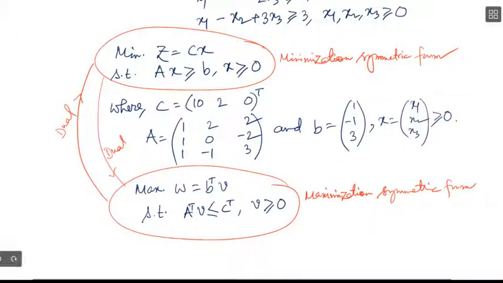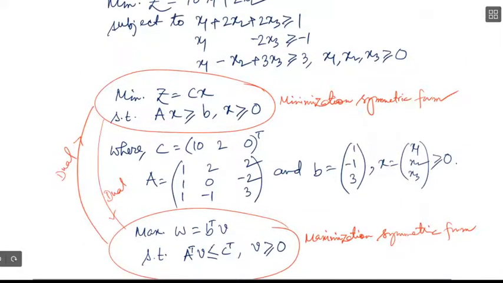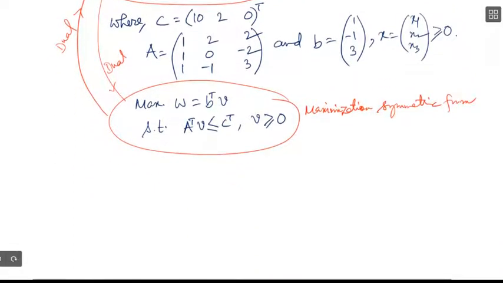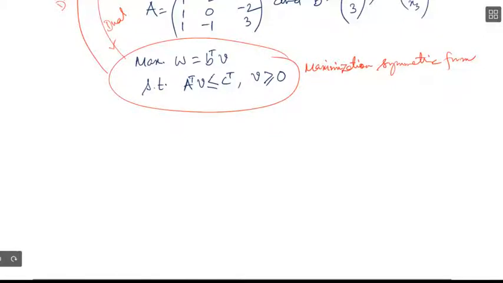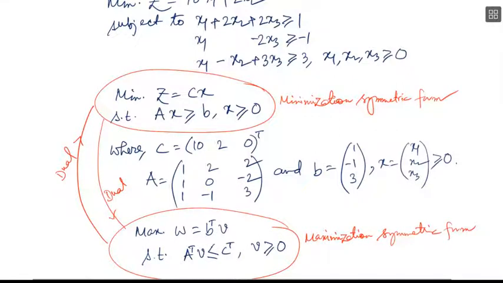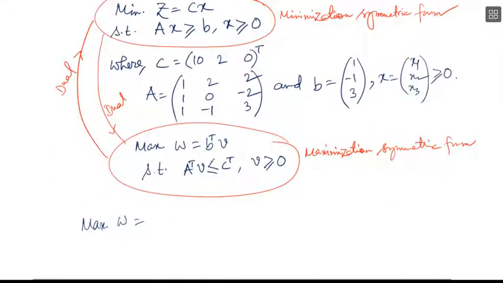Now we replace the values of A, B, C in the last problem, so that we get the dual problem as maximize W equals to BT, 1 minus 1 3.